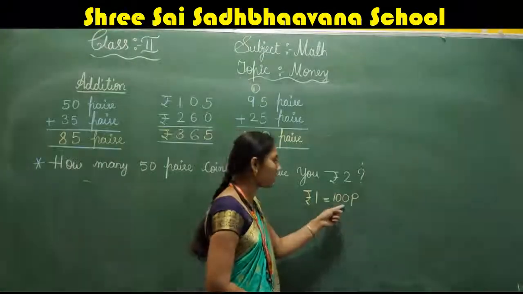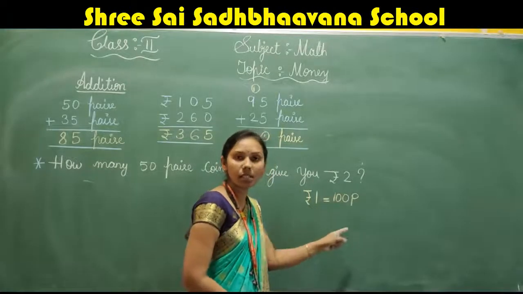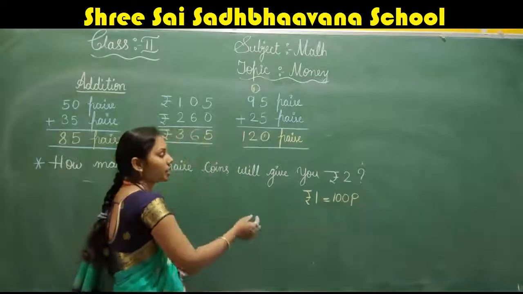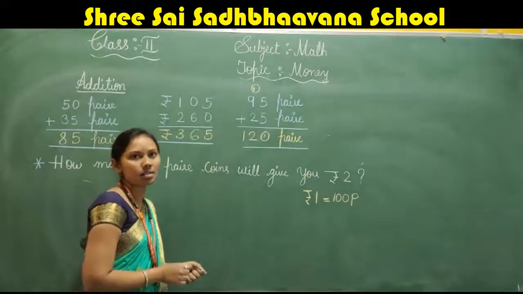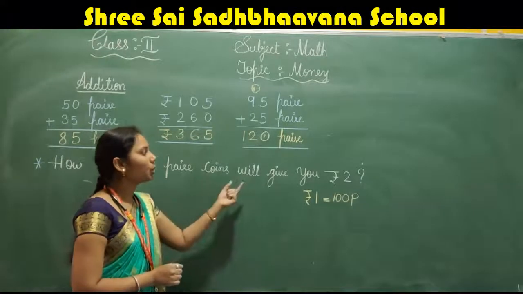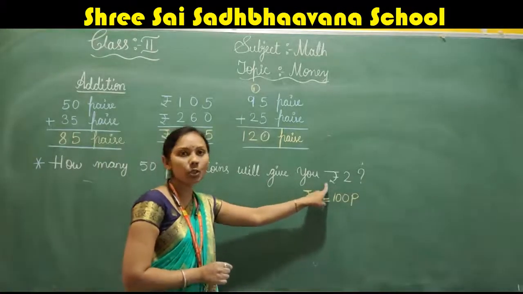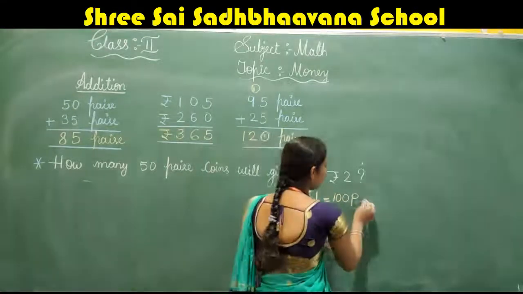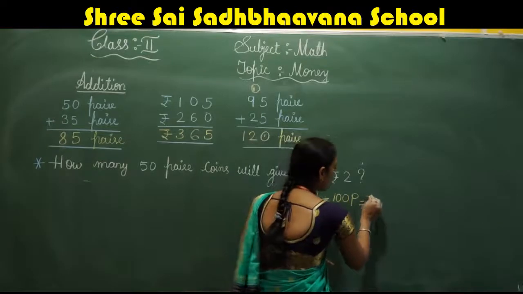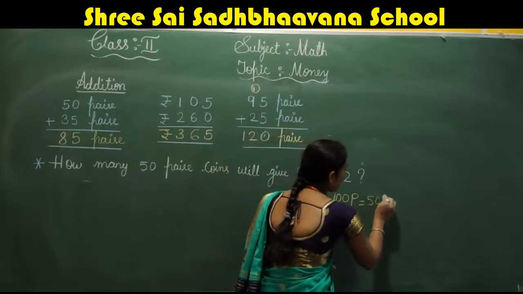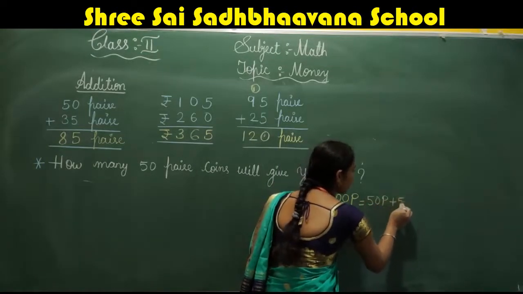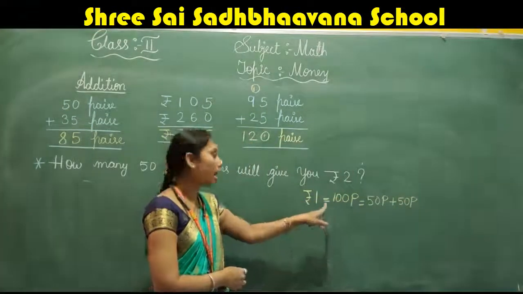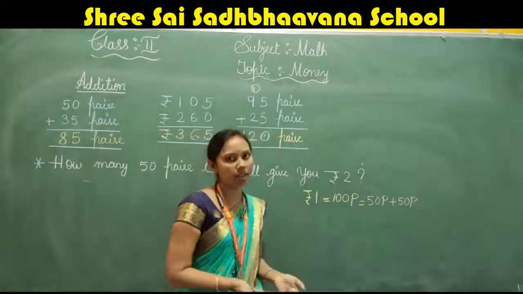So this means 50 paisa plus 50 paisa gives us rupee 1. Right, children? So like this, how many 50 paisas should we put to make rupee 2? You can write like this if you want: 50 paisa plus 50 paisa is equal to 100 paisa, that is rupee 1.